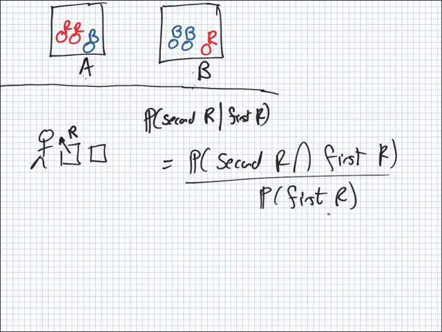I think this is a good example of where using the tree is better for conditional probability, because the question is more naturally thought of as a process. You first do one thing and then you do another. So we'll start off with, he can either pick box A or box B, and that's a half and a half.